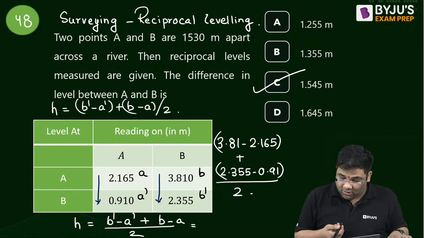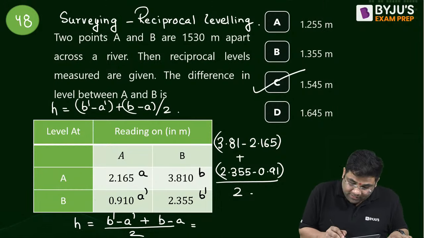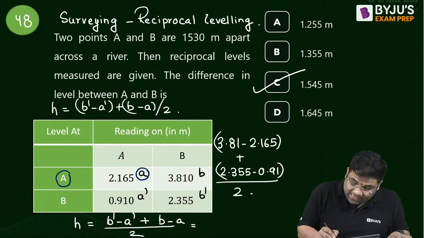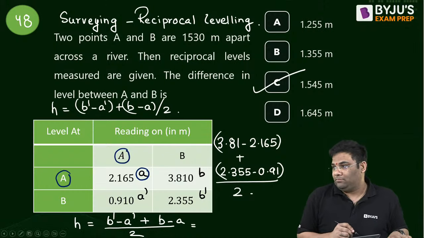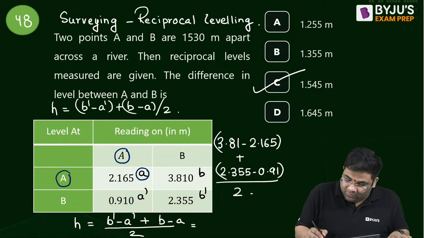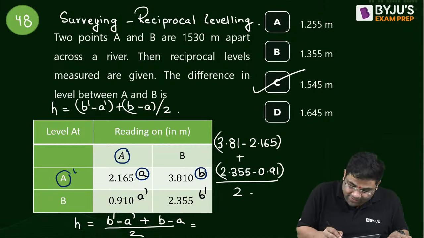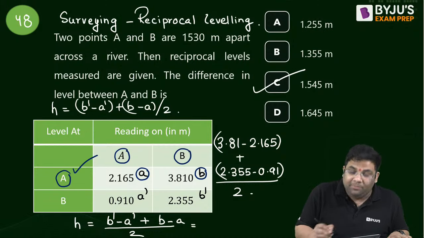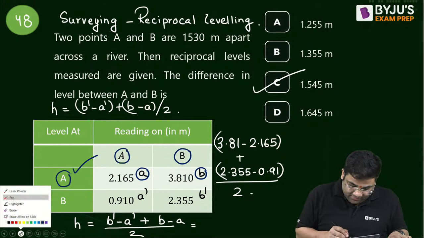No, this is not it. What is the A reading? Small a is when the level is at A and the reading is at A. And small b is when the level is at A and the reading is at B. Remember this diagram?